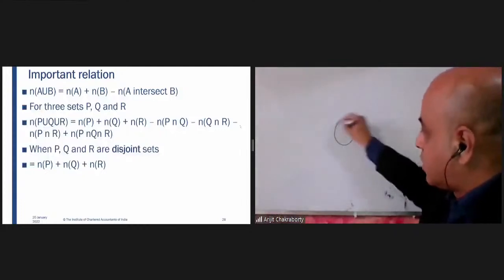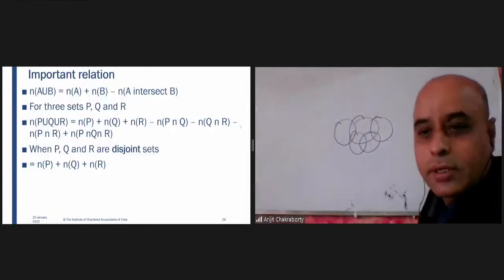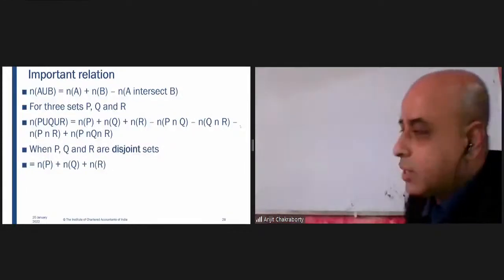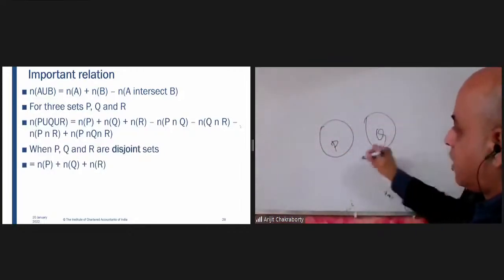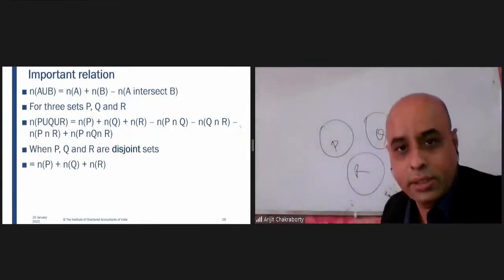So you have one circle, two circles, three circles, 4 and 5. They are conjoint circles. But disjoint circles means they are not joint at all. P is here, Q is here, R is here. Very easy. In that case, there is no question of any intersection.